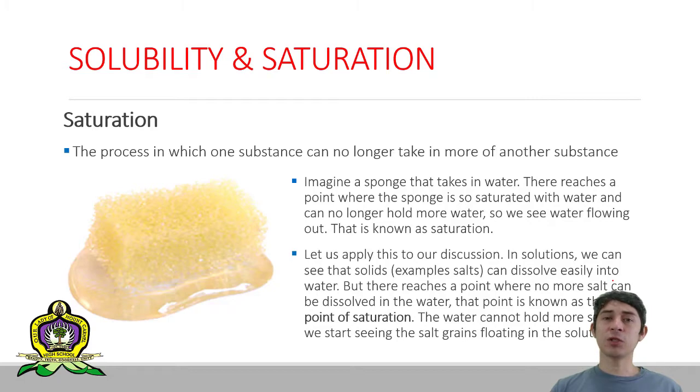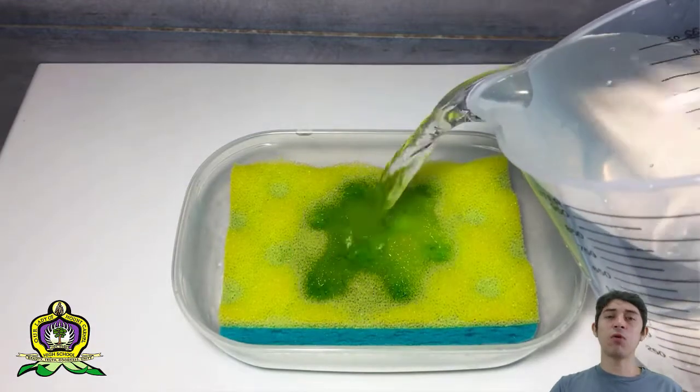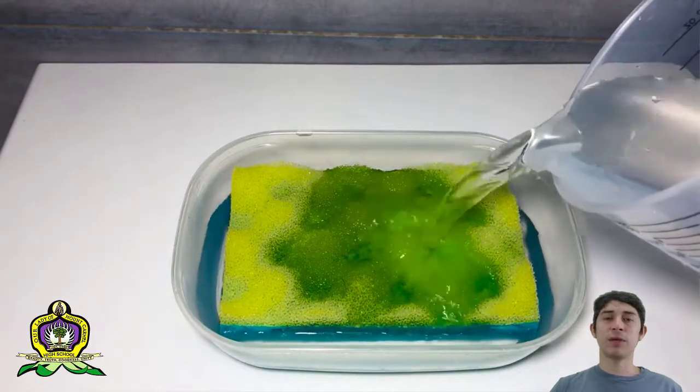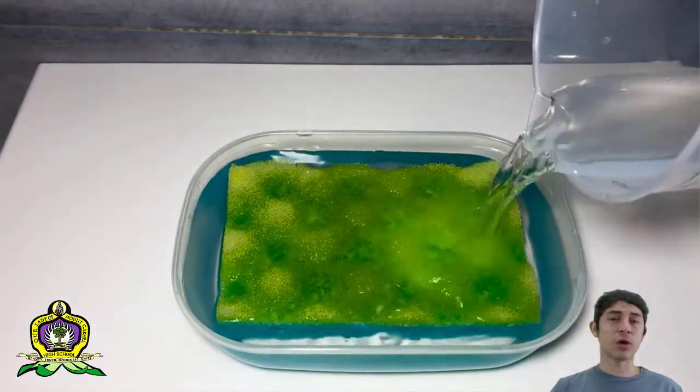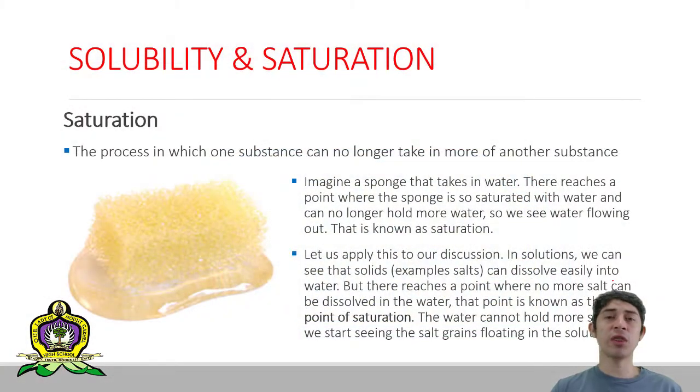Let us say that you spill water on the table and you have a sponge on your hand and you are wiping away the water, and you notice that all of the water is sucked into the sponge. But there reaches a point when no more water can fit inside of the sponge, so nothing more can be absorbed.